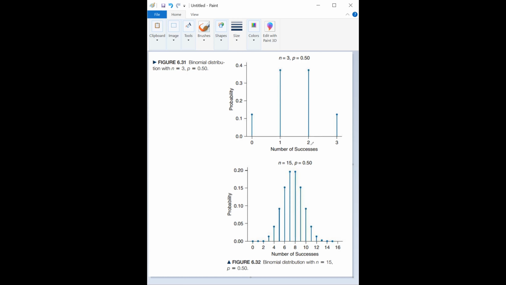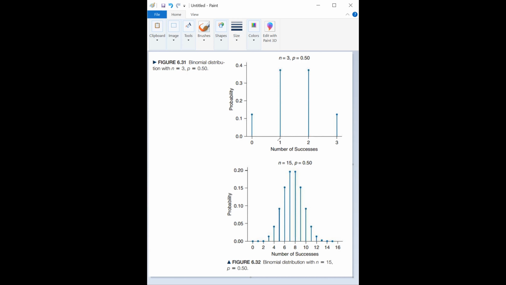So if you flip a coin 3 times, and let's say a success was a head, you could get 0 heads, right? So you could flip tails, tails, tails. That's one possible outcome: failure, failure, failure. So 0 successes.